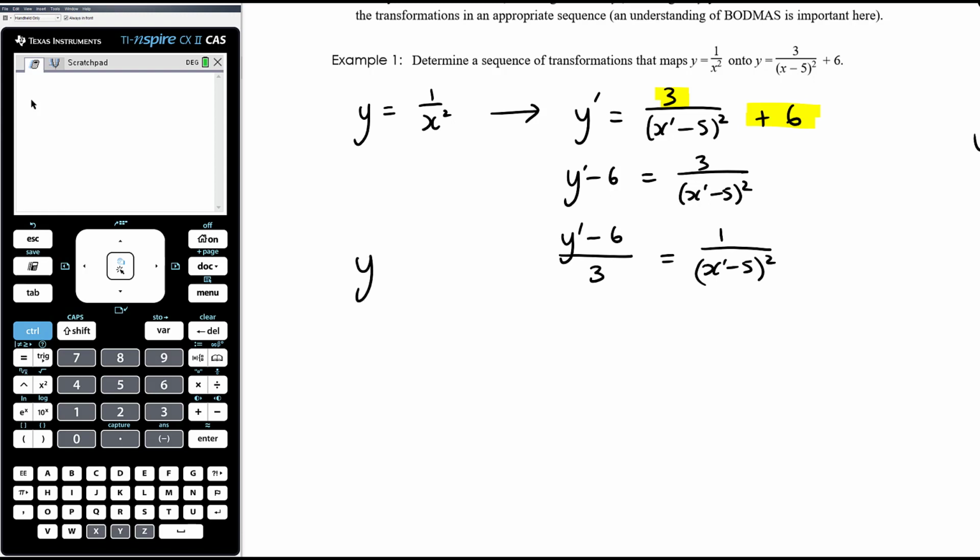Okay, so now we can see if y equals 1 on x squared became this function here, we can see that y was replaced with y dash minus 6 on 3, and we can see that x was replaced with x dash minus 5. And we can get back to our two equations. So y equals y dash minus 6 over 3, and x is equal to x dash minus 5.